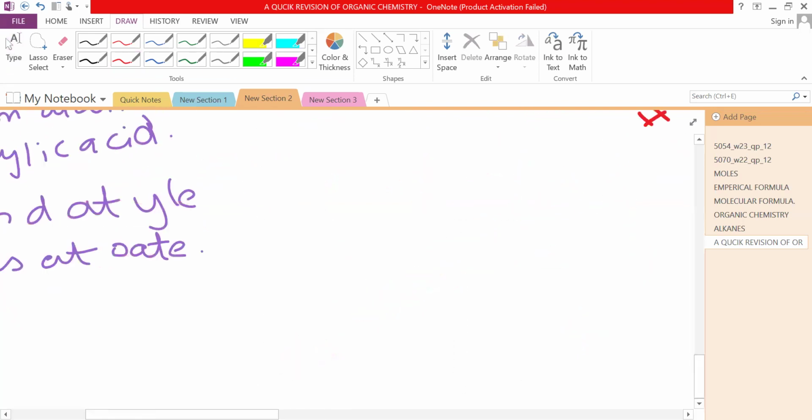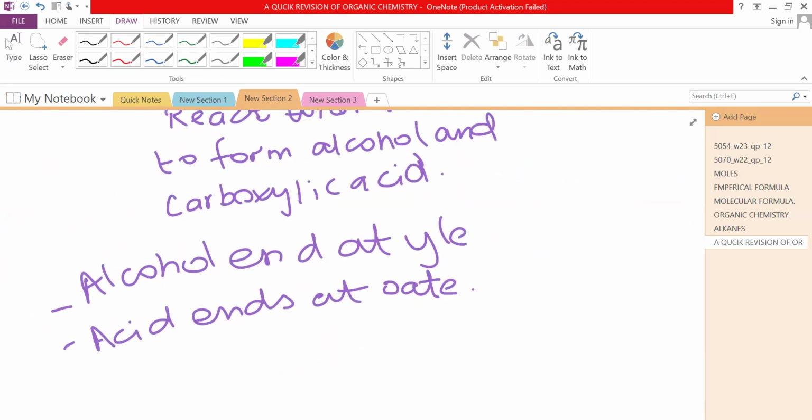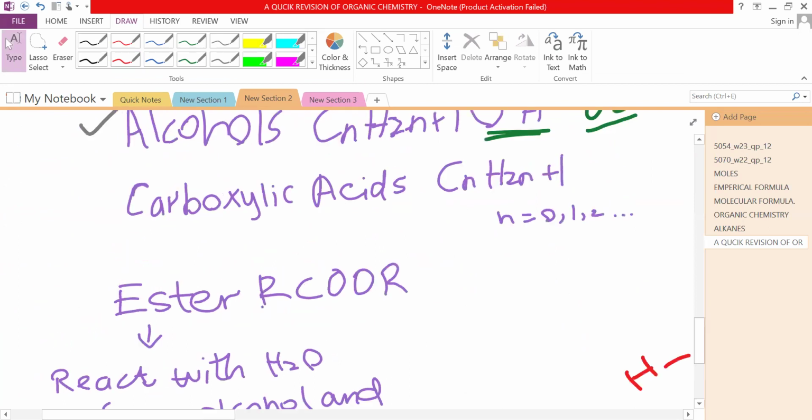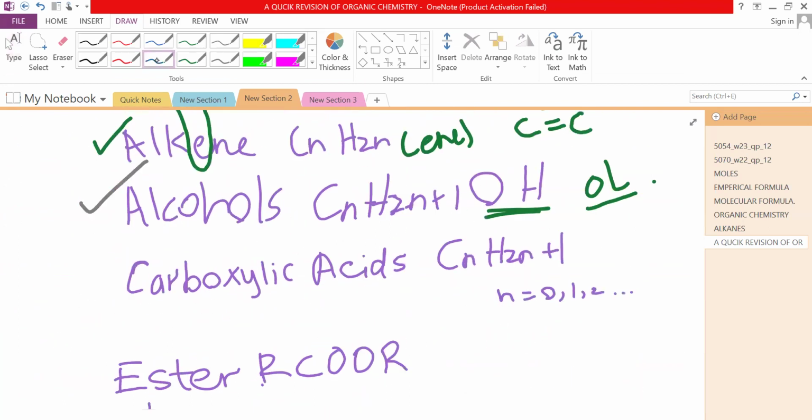Now let's move towards carboxylic acids. The general formula for carboxylic acid is CnH2n+1COOH, and the numbering of n for carboxylic acid starts from 0, 1, 2, and then further on.